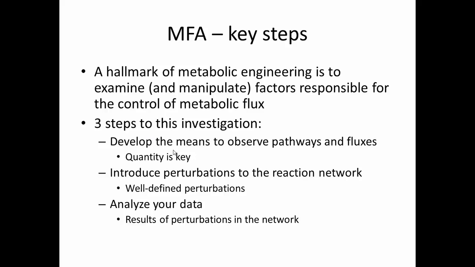So first, we can develop the means to observe these pathways and fluxes. Quantity, or moreover quantitation, is the key here. So I can put in a certain amount of carbon source, and then I'm going to measure what I get out. What are the quantities of the things that I get out?